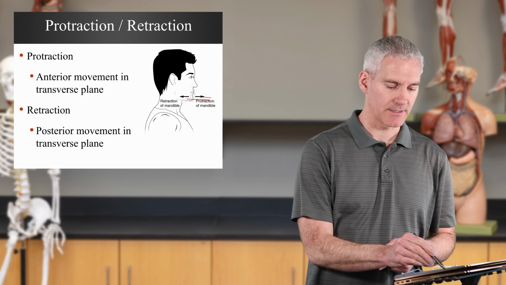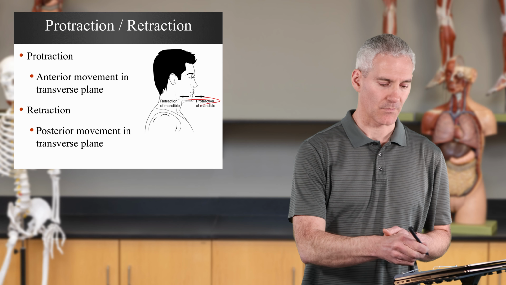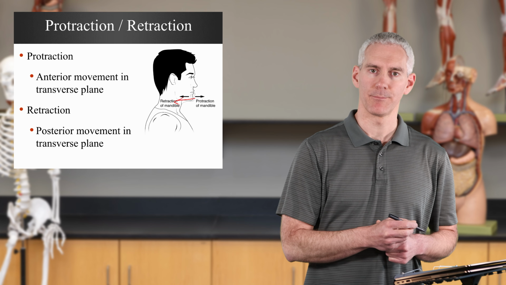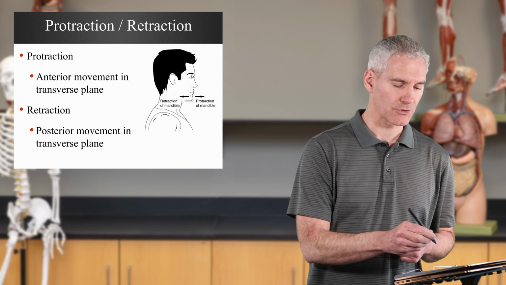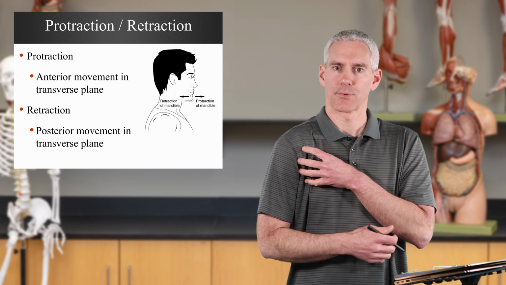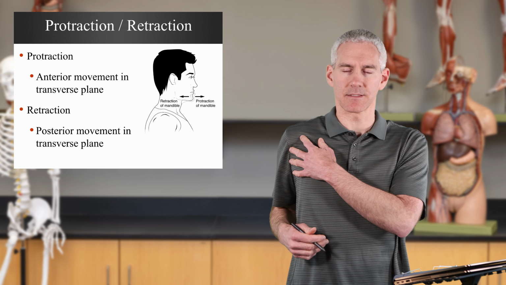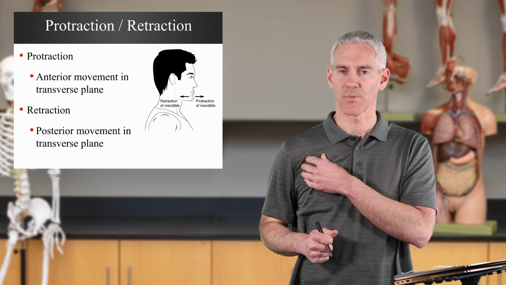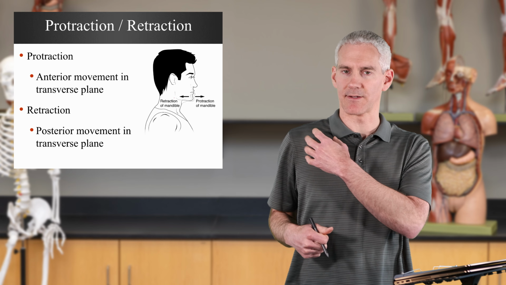Protraction, the chin juts out basically. Then when you do retraction, the chin is pulled back a little bit. You can also have the scapula protract and retract, moving along this horizontal or transverse plane.